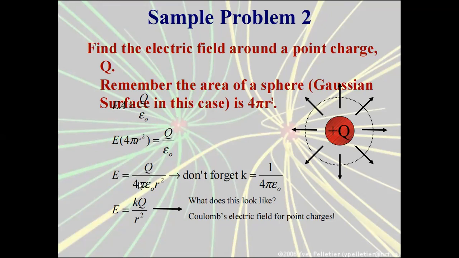So E equals Q divided by 4 pi epsilon naught r square. This is Coulomb's law. Don't forget k equals 1 by 4 pi epsilon naught. So E equals k Q divided by r square. What does this look like? Coulomb's electric field for a point charge. We have to remember that this is applicable only for Coulomb's law.